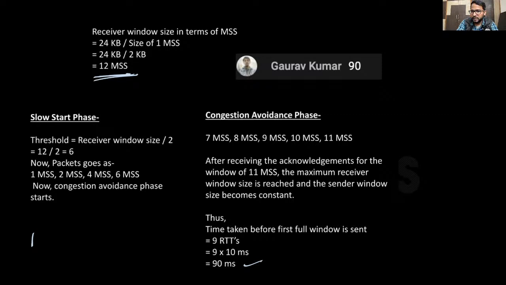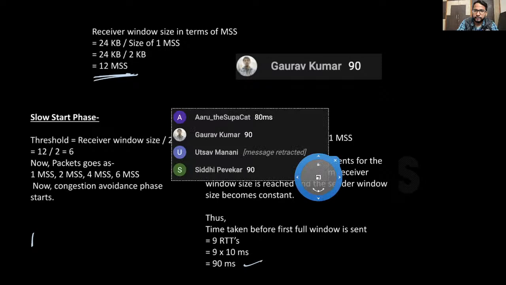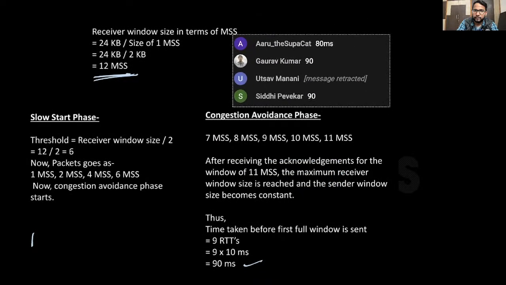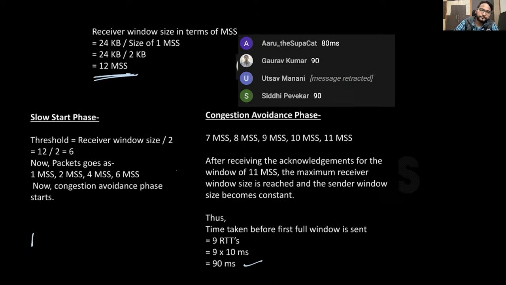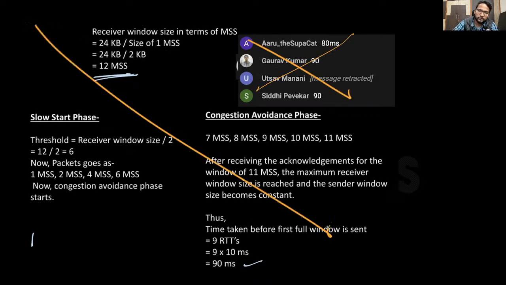Aru is getting 80, Siddhi is getting 90. Okay, so these are the few answers that I'm getting, and unfortunately all of these answers are wrong. This solution itself is wrong.